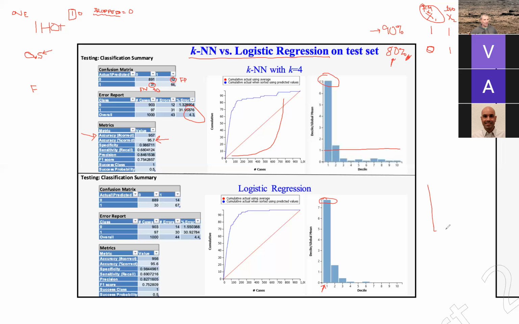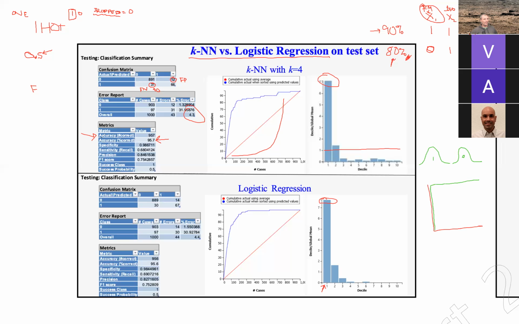When the ROC curve looks like this, that's when you have perfect separation of the 1s and the 0s. And that's when your false positives and false negatives are both going to be 0.